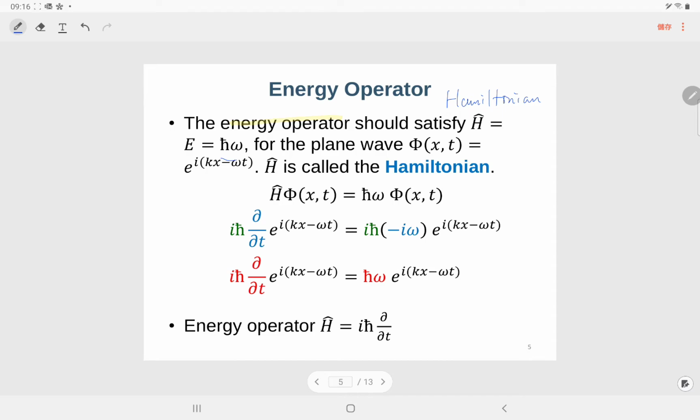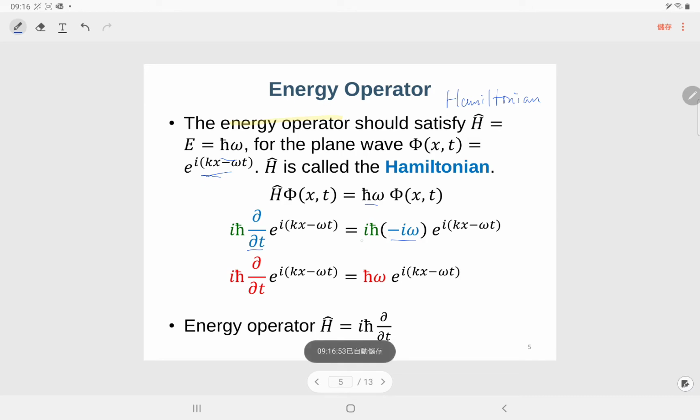So similarly, we hope this Hamiltonian acting on the wave function will output h bar omega. So we take the partial derivative with respect to time, and it will output minus i omega. So finally, we hope it to be h bar omega.